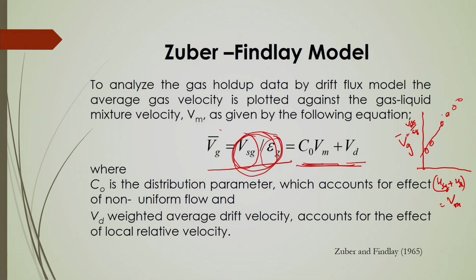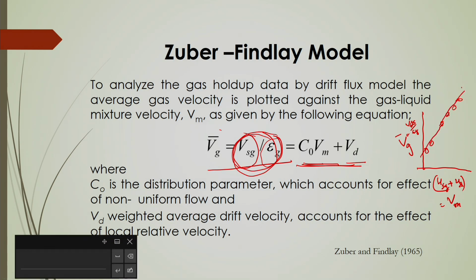If you add this data here, you will see a straight line. If you extend this straight line, you will see its intercept on the y axis. This intercept gives you Vd, called the average drift velocity, whereas the slope of this line gives you C0, the distribution parameter.